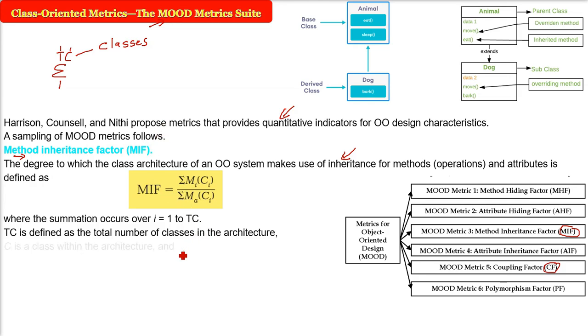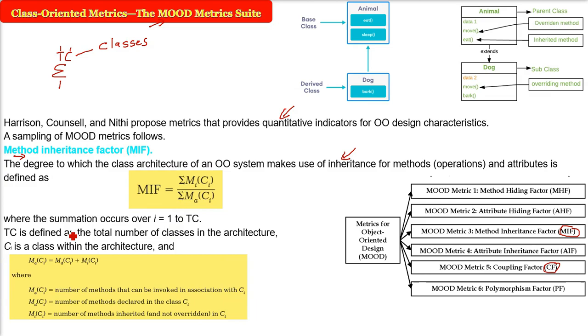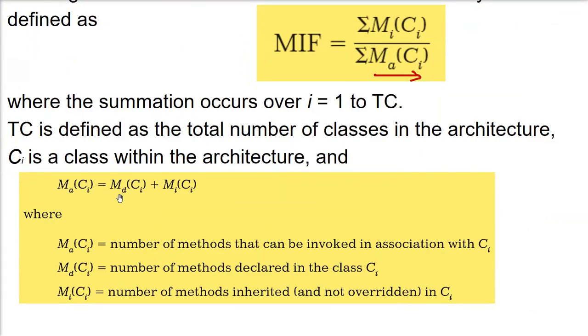Now this Ci, what you see here, is a class in this architecture. So this Ma(Ci), which is the denominator, how do we define it? And even the numerator we will see. Actually the denominator is Md(Ci) plus Mi(Ci). This Ma, Md and Mi, this is also for a class.